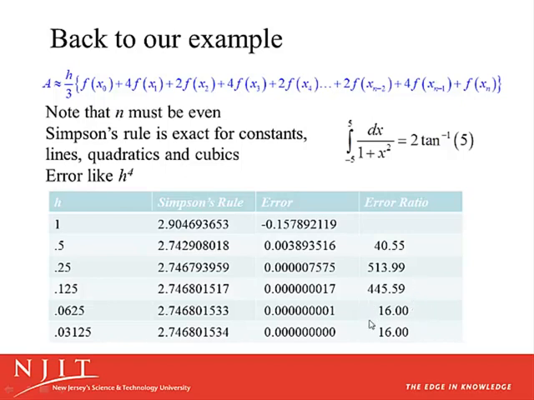The errors go down by a factor of 16, rather than for the trapezoidal rule where the errors went down by a factor of 4. In that case, they went down like h squared. If we halve the interval size, we got a factor of 4 improvement. Here, if we halve the interval size, we get a factor of 2 to the 4th, or 16, reduction of the error.